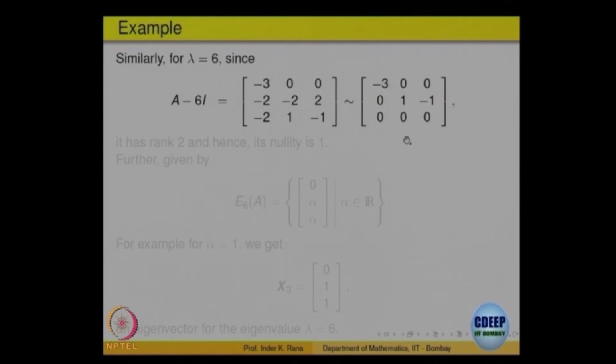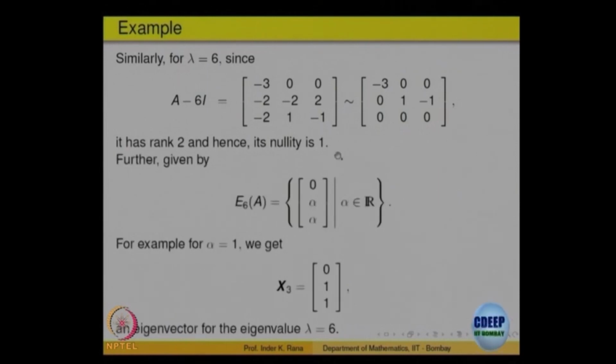How will you get the solution? x2 minus x3 is equal to 0, x3 is given an arbitrary value and x2 is determined in terms of that. The first equation gives you x1 equal to 0.